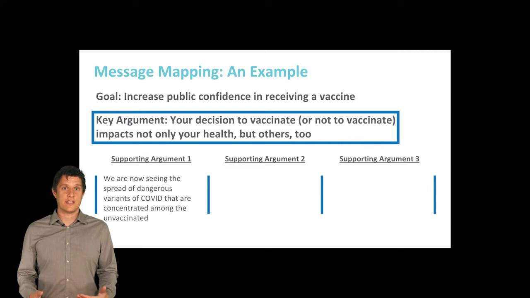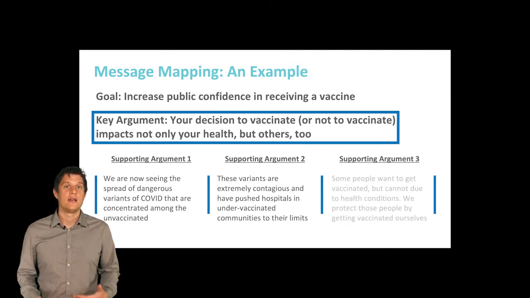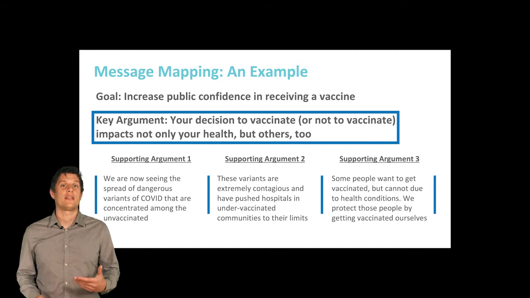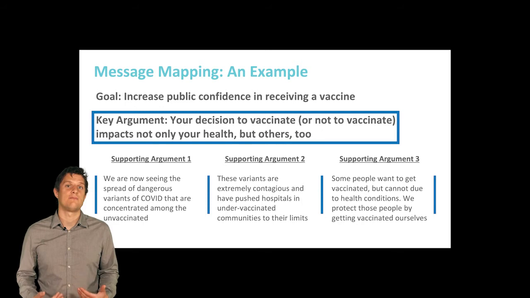Your second supporting argument could say, these variants are extremely contagious. Your third supporting argument could be, some people cannot get vaccinated due to health conditions. To protect these vulnerable groups, get vaccinated. While a quick example, this illustrates how to craft clear and concise messages that support a larger argument and goal.